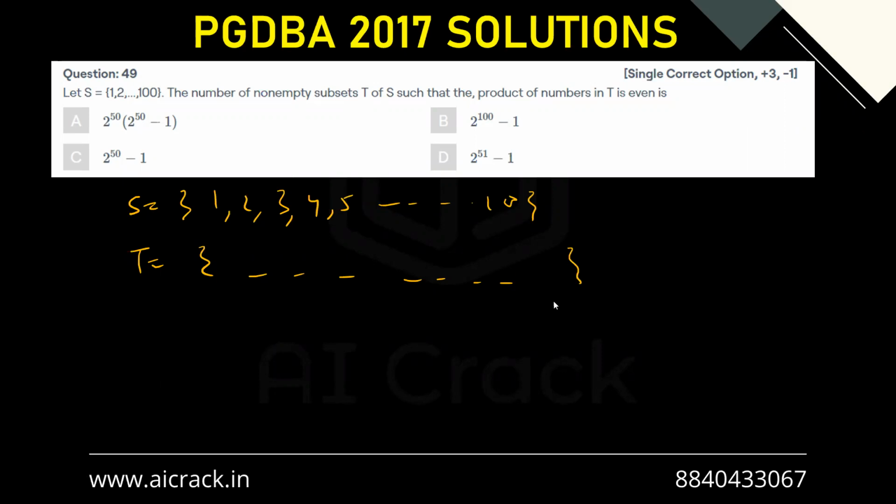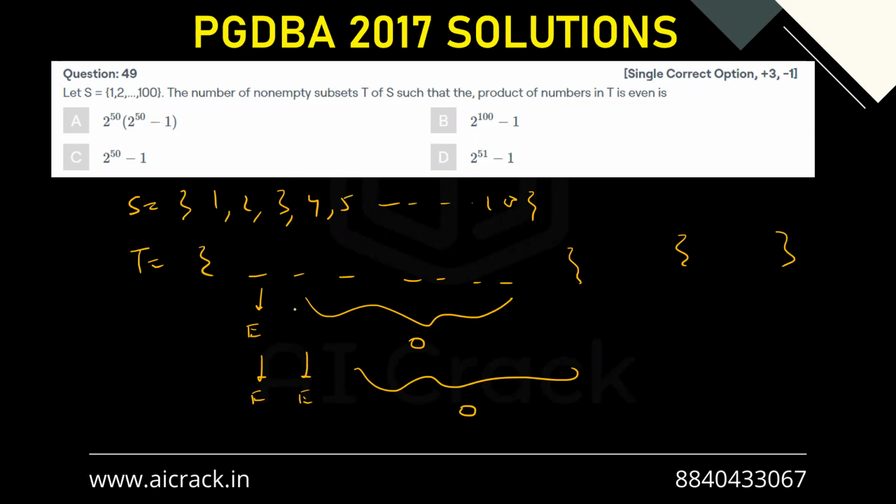So that can be possible in multiple ways. Either one is even and the remaining are odd, or the first and second are even and the remaining ones are odd, or you can have multiple cases with different numbers of elements inside the subset. We can have just one element, and that would be even.